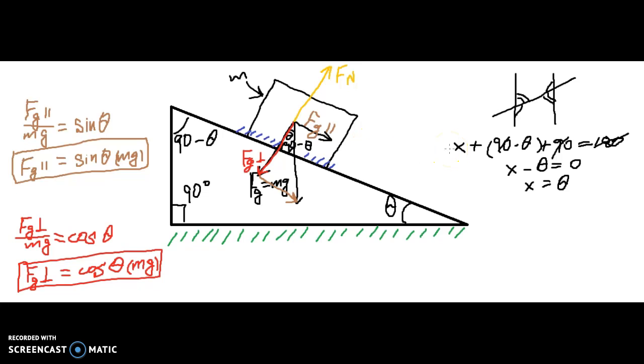What else do we see here? We talked about force of gravity. We talked about the vectors of force of gravity perpendicular and parallel to the inclined plane, normal force, and the friction force.